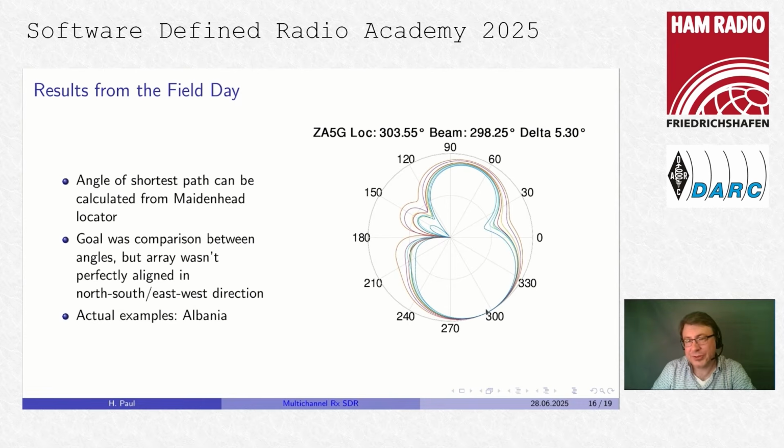But you should only have a look at where the maxima are located, and this is actually here around 300 degrees, and the calculated direction from the Maidenhead locator was 303. So basically 5 degrees off, which I think is quite a good result in this example.